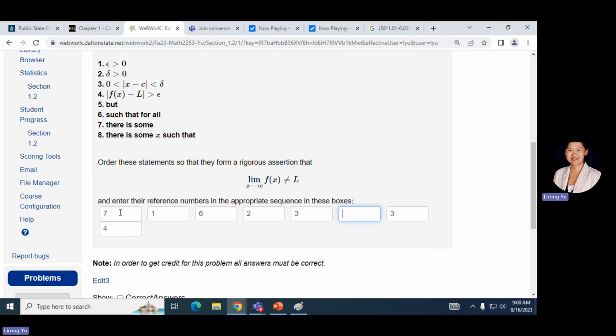Okay, there exists an epsilon such that for all delta bigger than 0.